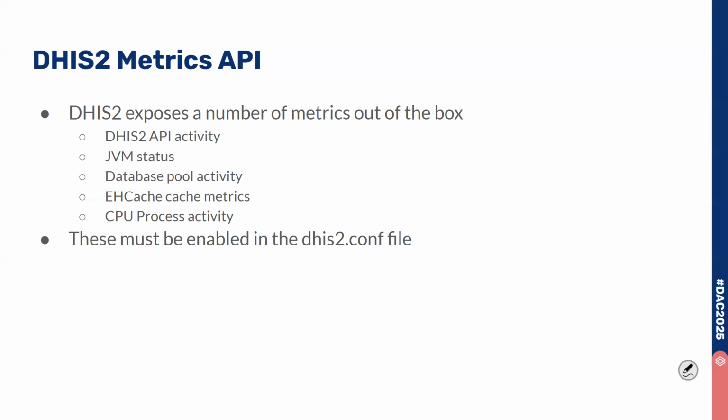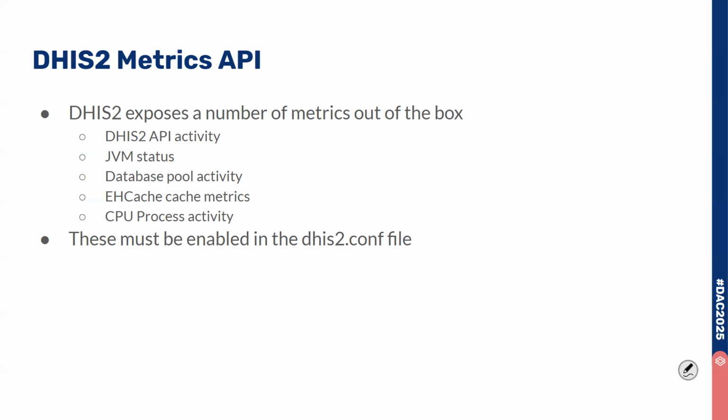These metrics include API activity, so which endpoints are being accessed, how long do the requests take, what is the average time of the requests, and that's for all the endpoints across the entire application, basically.